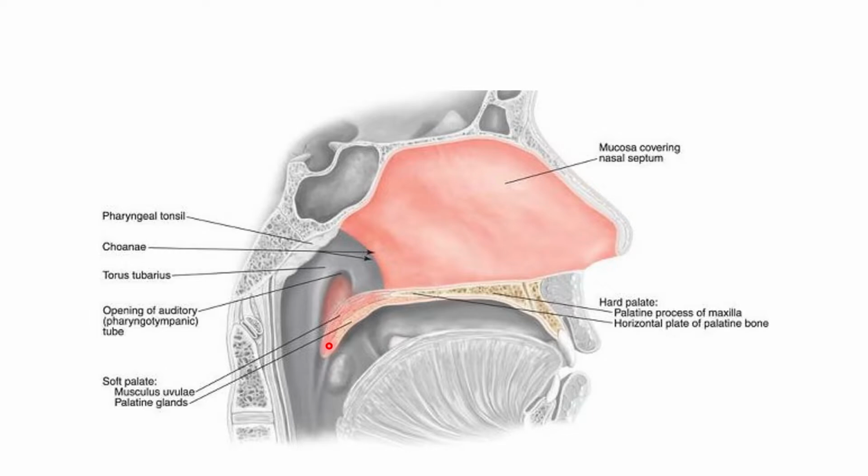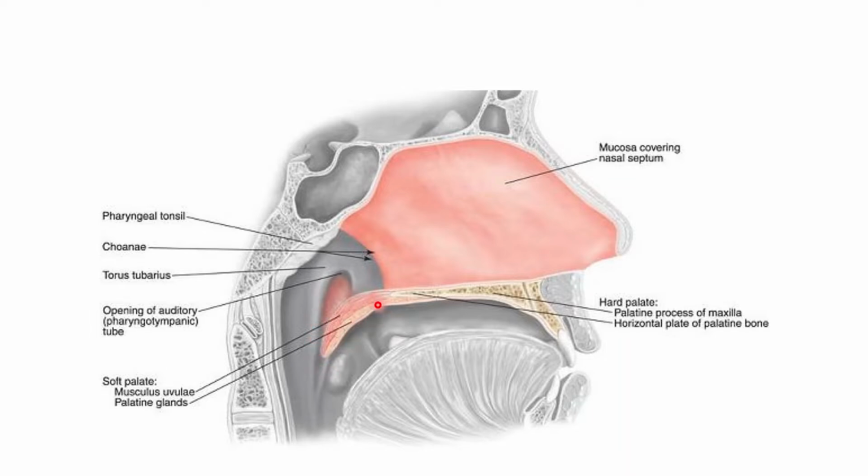This soft palate is the mucus covered fibromusculoglandular curtain, which hangs from the posterior margin of the hard palate and extends backwards and downwards into the oropharynx. It is present in the oropharyngeal part.